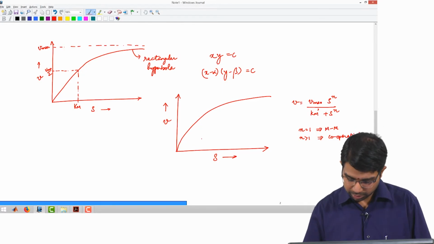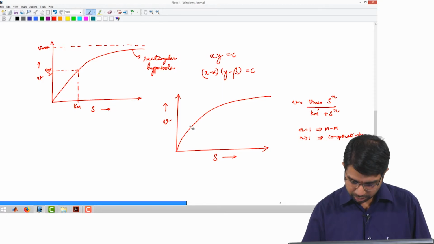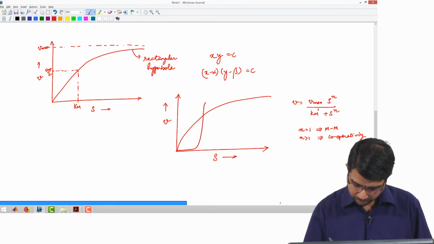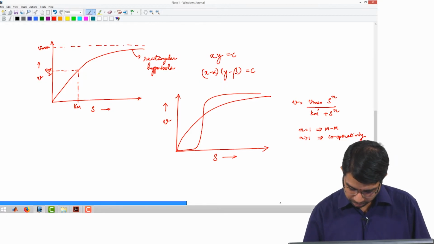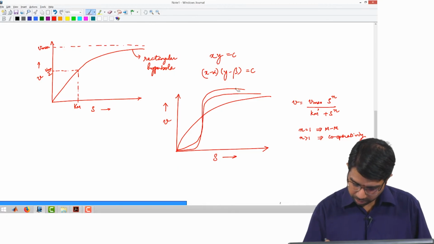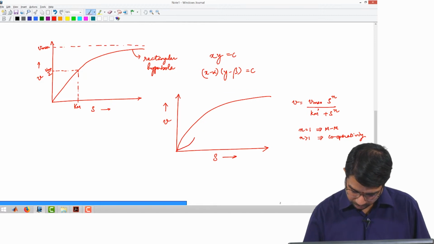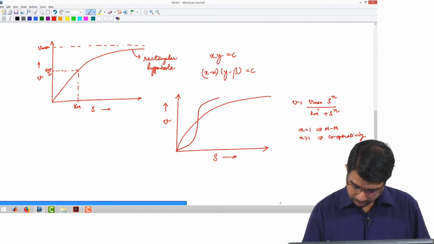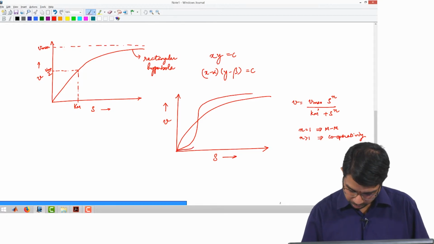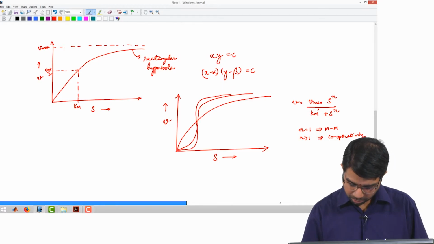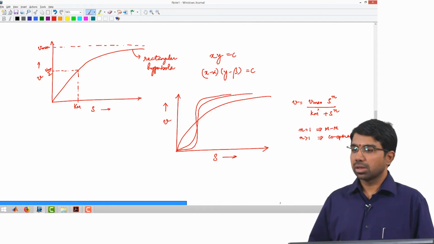So, how does it look? It is difficult to draw these nicely. Something like this, right.